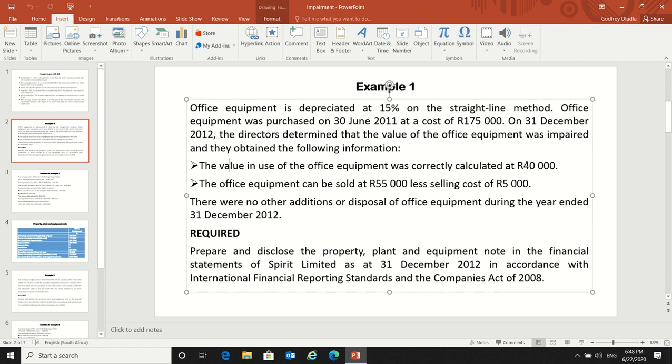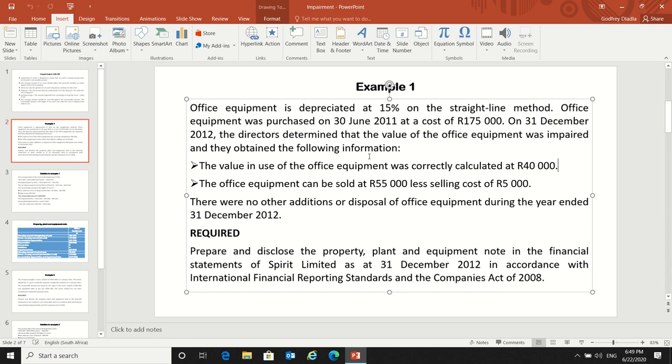The value in use is 40,000. The office equipment can be sold for 55,000 less selling cost of 5,000. Now remember, the selling price is 55 less the selling cost, so this amount here is 50,000. 55 minus 5 is 50. Do you see? 40 and 50. The highest of the two is 50,000. That's the one we are going to use, the highest, right?